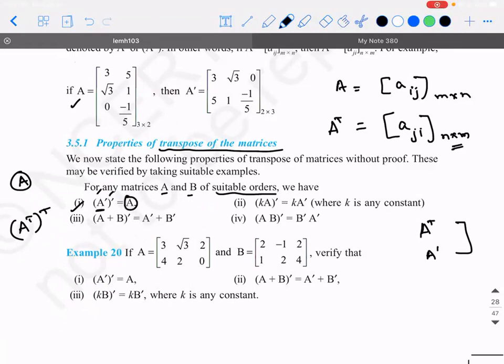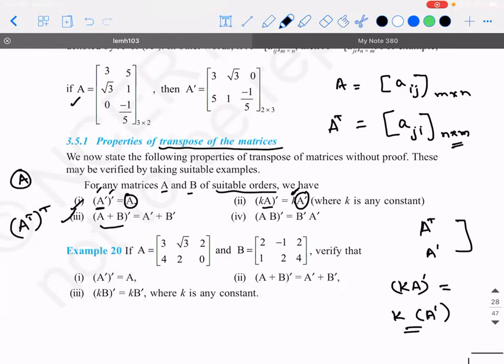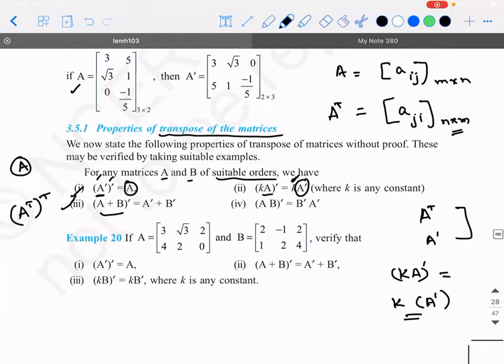Secondly, if any matrix is multiplied with a scalar value k and you take the transpose of it, it is the same as multiplying the scalar with the transpose of that matrix. So (kA) transpose is the same as k into A transpose. Third, if you have the sum of two matrices and you take the transpose of it, it is the same as taking the transpose of the matrices individually and adding them.